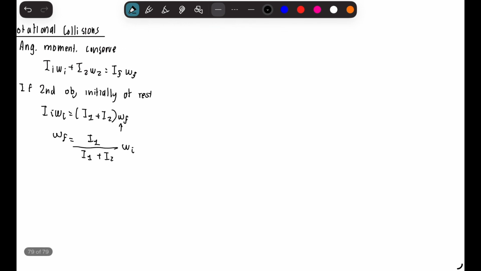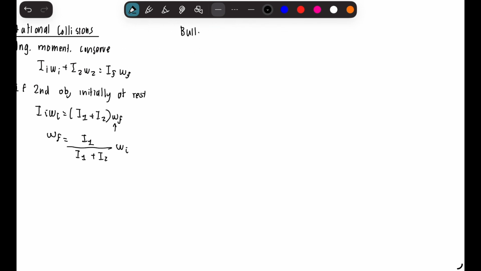Now, for a bullet hitting a rod, what you do is you conserve angular momentum about the pivot.